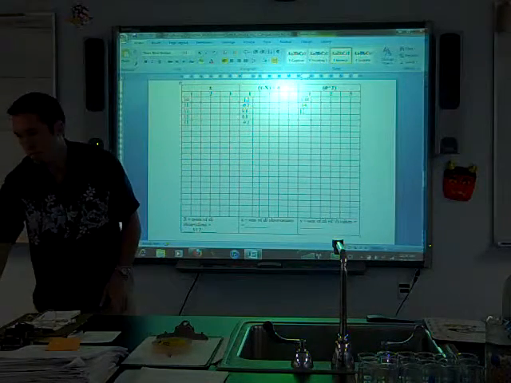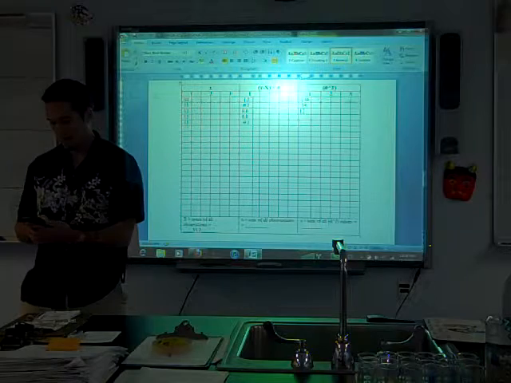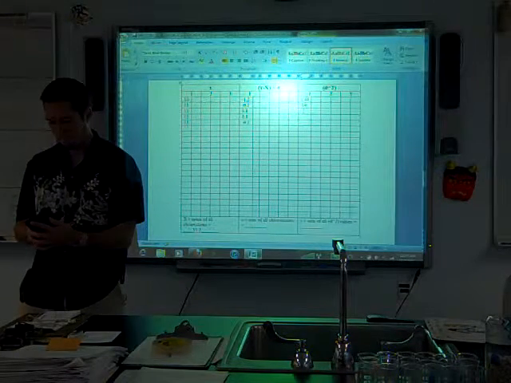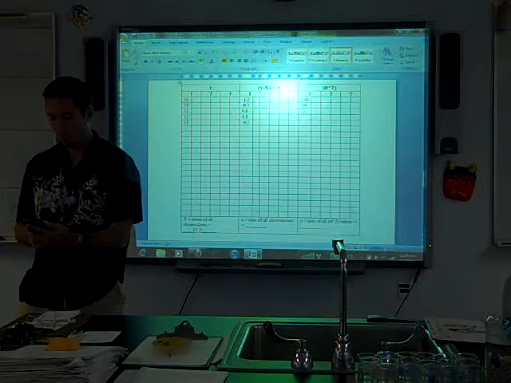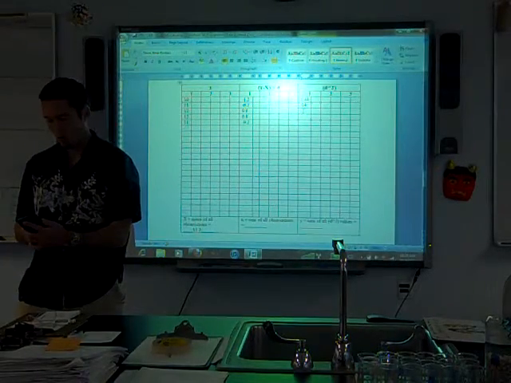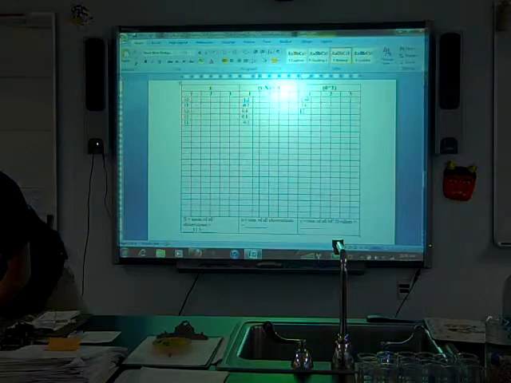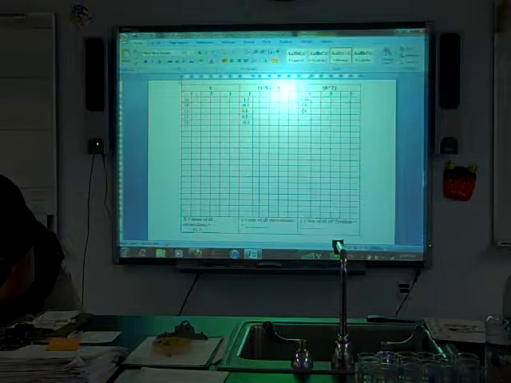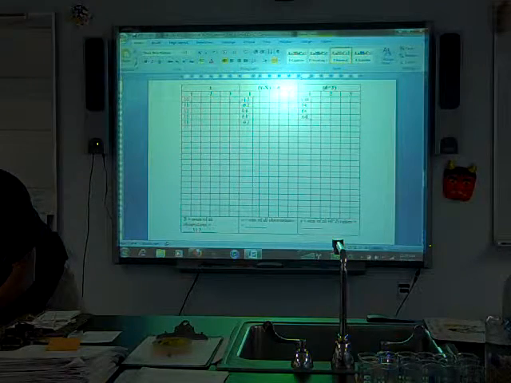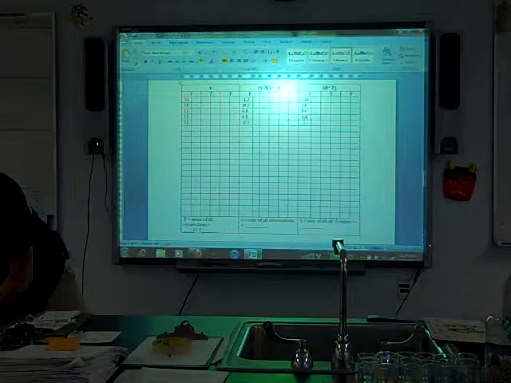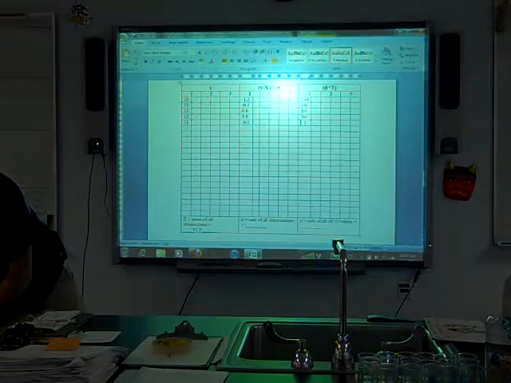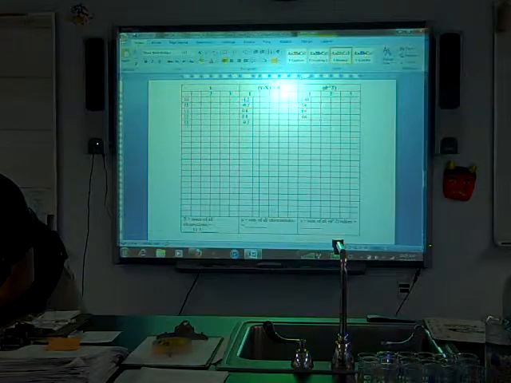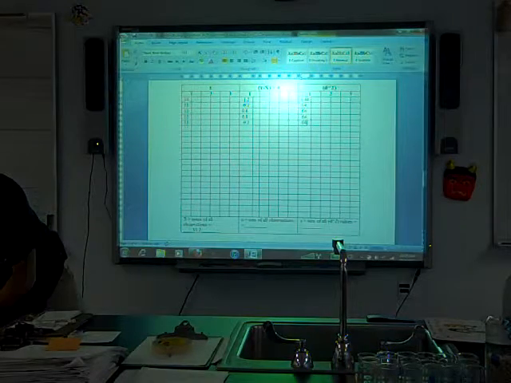We do the same with the next one, 0.04. 0.8 squared is 0.64. And then we come down here, we already calculated that, it is 0.04.